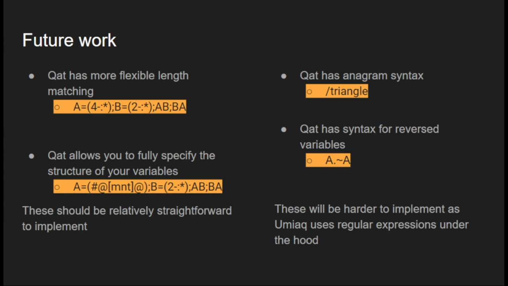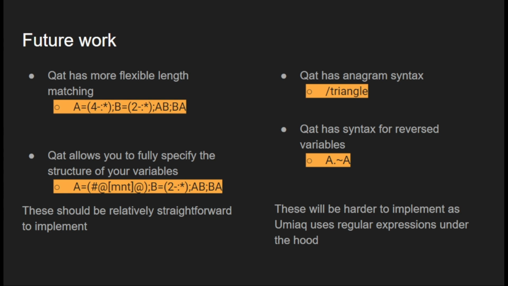I believe what this syntax is saying is that A is a string of 4 or more letters, B is a string of 2 or more letters, and then give me A, B, B, A. If you use Cat, and I'm wrong about that, I apologize, but I believe that's what that's saying. Currently in Umiaq, you can only say A has to be the specific length, B has to be the specific length, and then give me A, B, B, A.